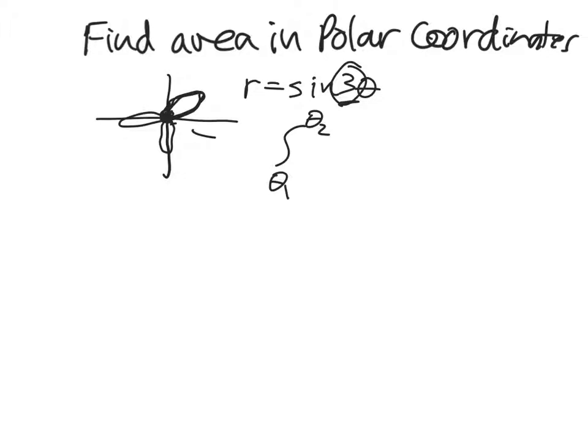I watched the video. So, yeah, it might help to watch those videos. But I think 0 to pi over 3 would get that. Now, cosine is a little trickier because a lot of times cosine starts here. r equals cosine 3 theta. We'll just throw that one in there.